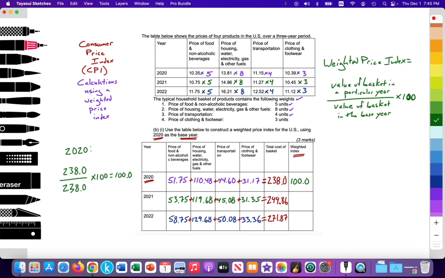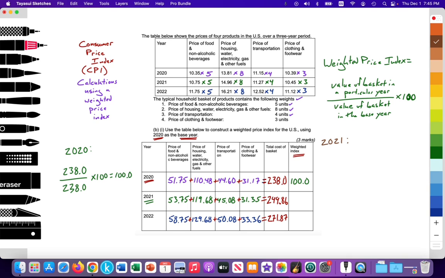Okay? Let's go ahead and do that for 2021. Maybe I'll put that in a different color over here so we can clearly see it. 2021, what is the value of the basket?